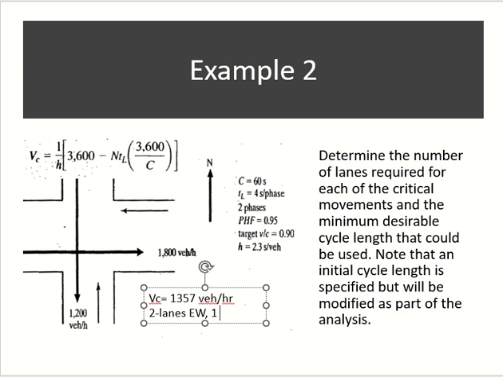then how much do I have? How much is my VC? I have 900 in the east-west and 1200 in the north-south, right? Total how much?